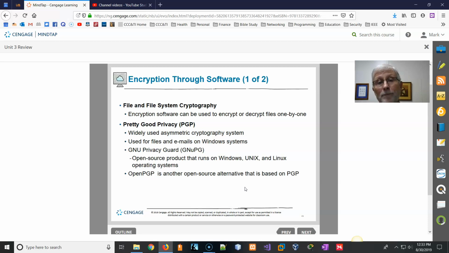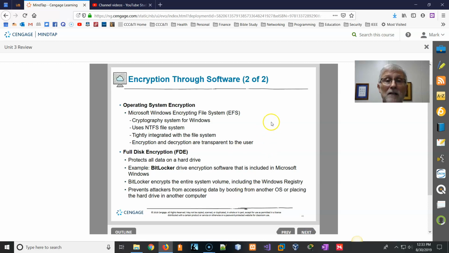Or I can use Pretty Good Privacy, PGP, which is widely used for asymmetric systems. It is used on files and emails on Windows systems. GNU Privacy Guard and OpenPGP are alternatives that can be used. They're pretty good and use block ciphers.